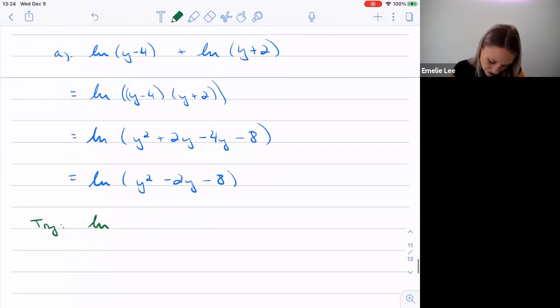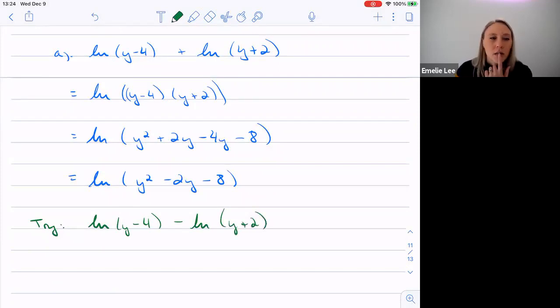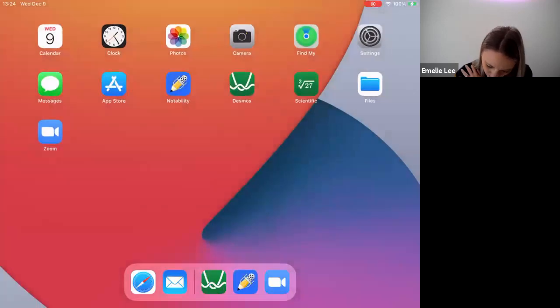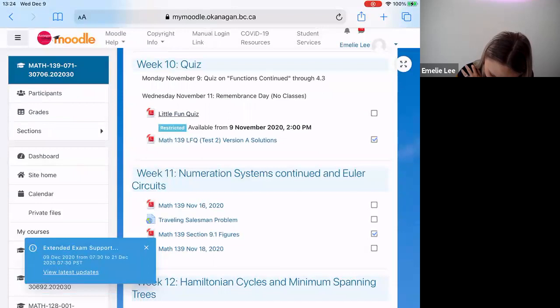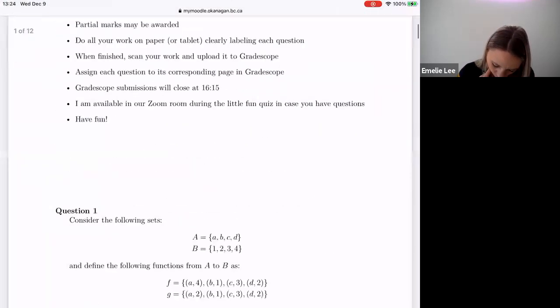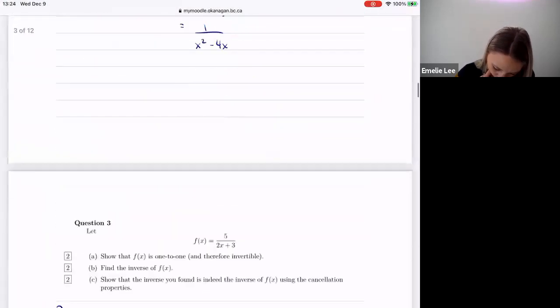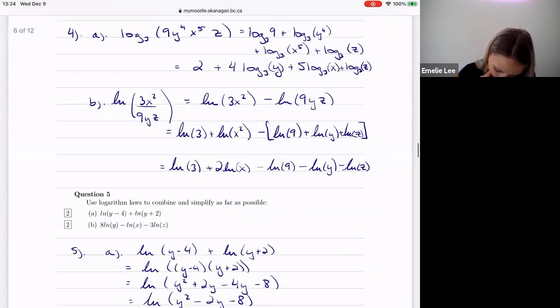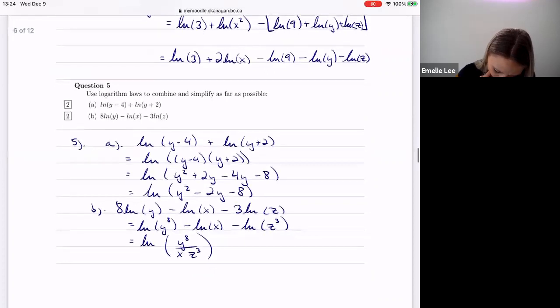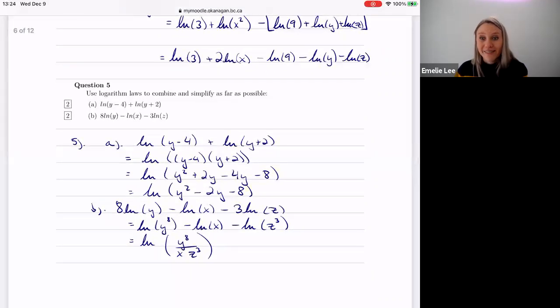I may have treated it as the log of y minus 4 minus the log of y plus 2 in my solutions. Where are those? I didn't.